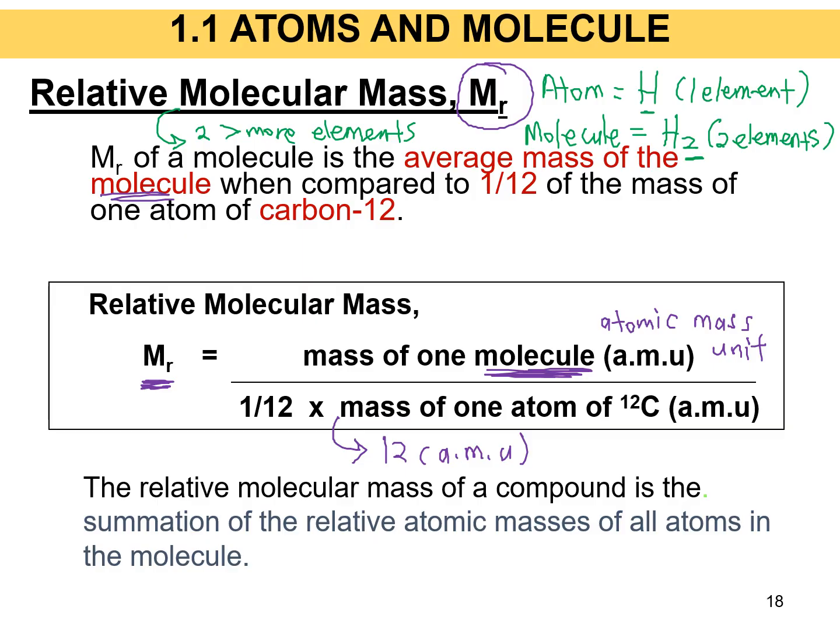So apa yang berlaku kat sini, relative molecular mass pun akan jadi unitless. Sebab kenapa? The unit for yang you guna dekat mass of one molecule ni akan cancel out dengan mass of carbon 12 atom. Okay, so they will cancel out each other and this 12 akan cancel out dengan 12.